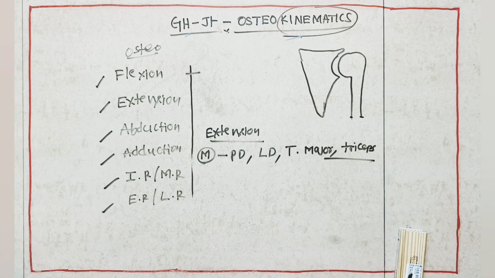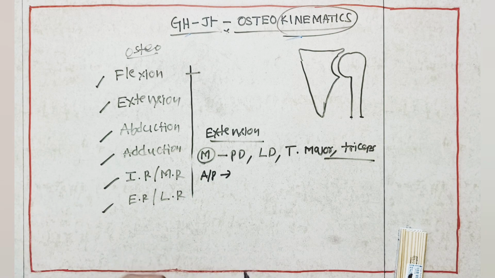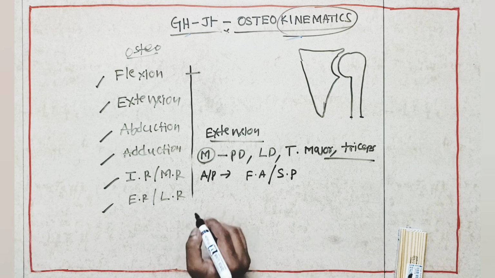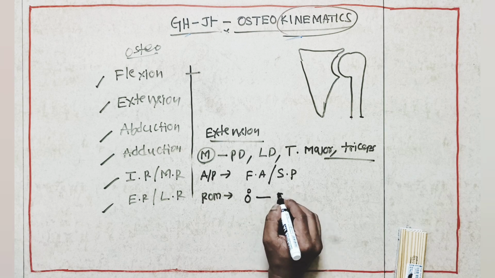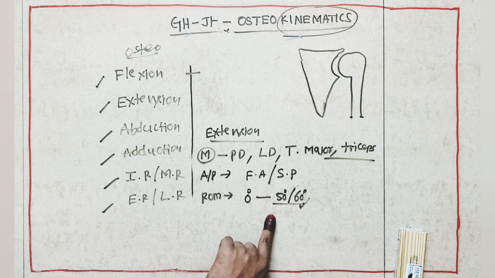These muscles are responsible for the extension movement. Axis and plane, here also the same, frontal axis and sagittal plane. And the range of motion for extension is usually 0 to 50 degrees. Sometimes it may come to 60 degrees if the patient is hyperflexible.